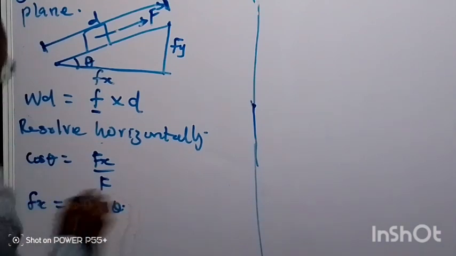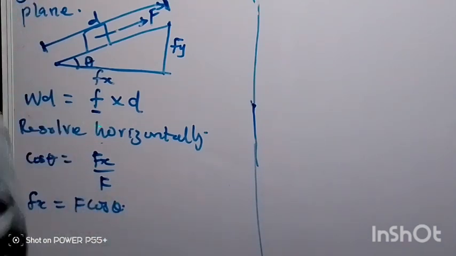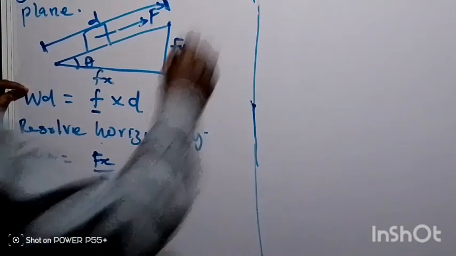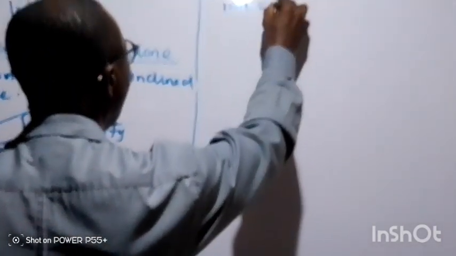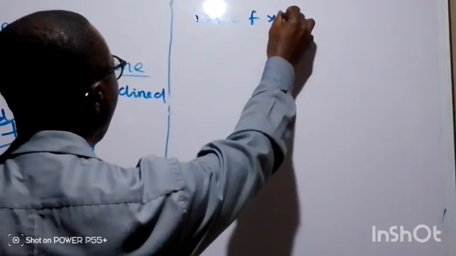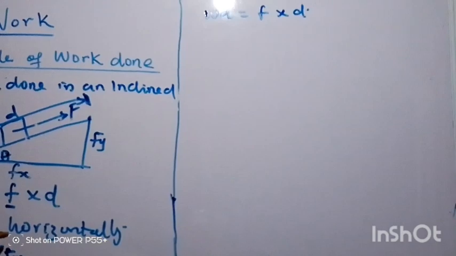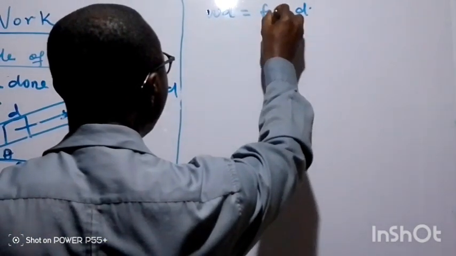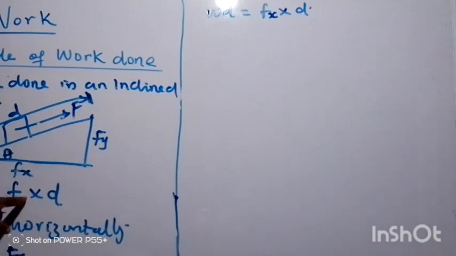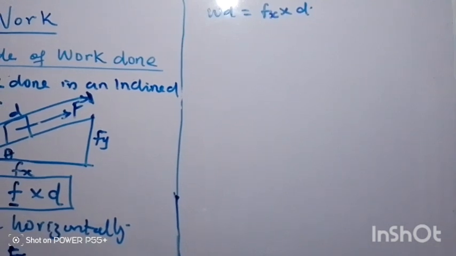From the beginning we said work done is equal to F multiplied by displacement. Since we want to resolve horizontally, this F now will be Fx. Don't forget, that formula is for when it is on a horizontal plane. But when it is an inclined plane, you need to resolve it into a horizontal component and a vertical component.